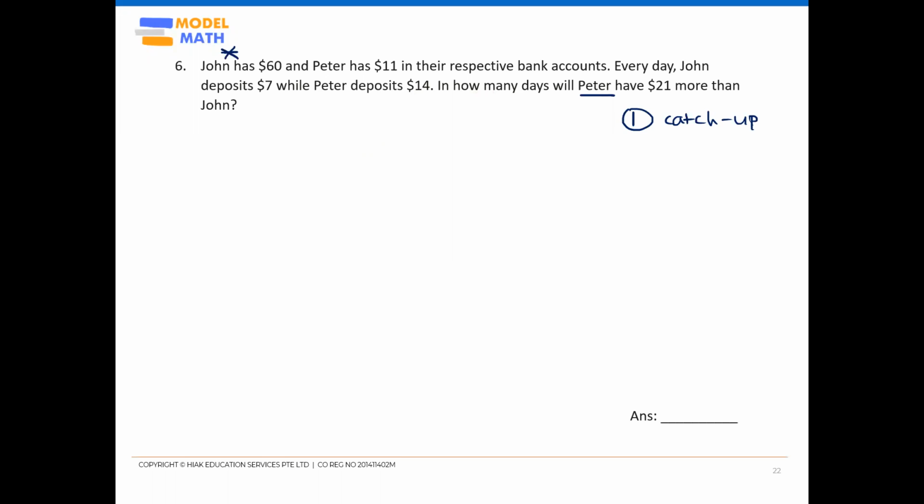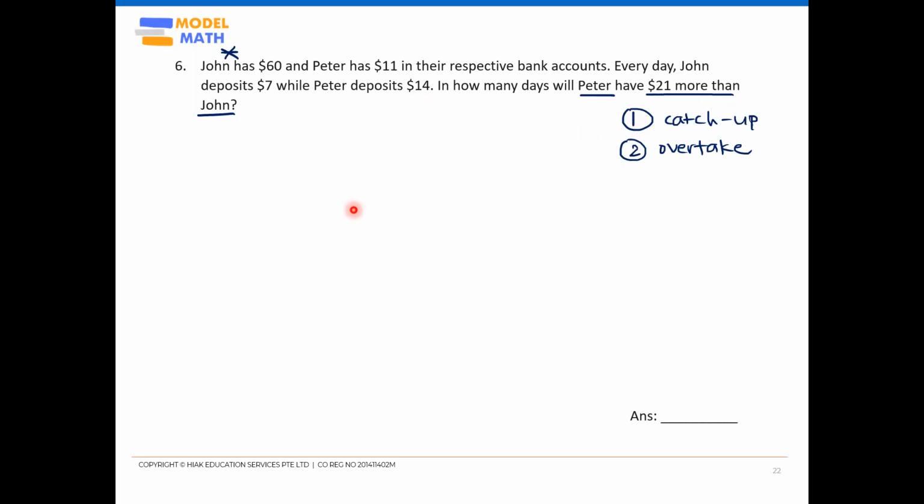No. In the end, Peter managed to have $21 more than John, which means that not only does he need to catch up, he also needs to overtake John. So these are the two things he needs to achieve, the catch up and the overtake.